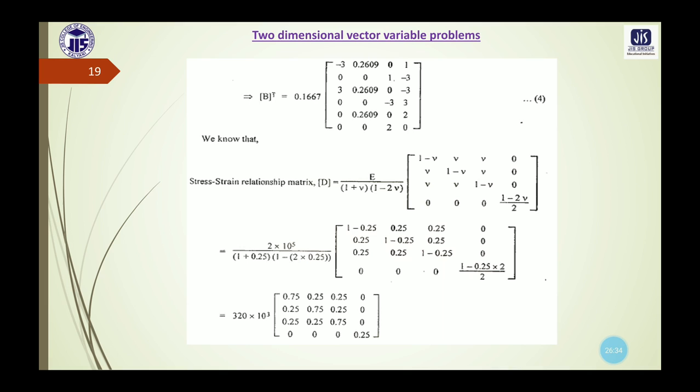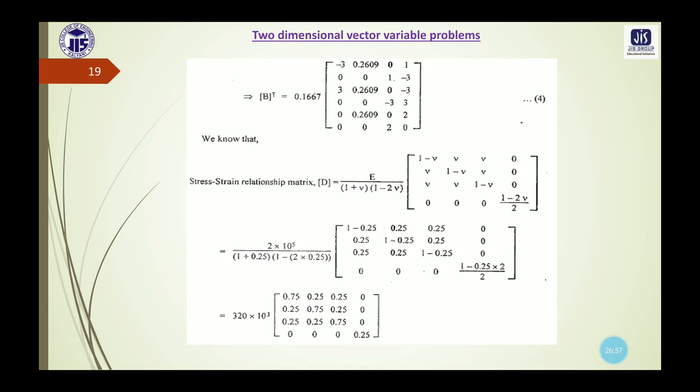Next we need to calculate the stress strain relationship matrix, and the formula for the stress strain relationship matrix D is given here in terms of the Young's modulus and Poisson's ratio. Now here we need to put the values of Young's modulus and Poisson's ratio that are given in this numerical.